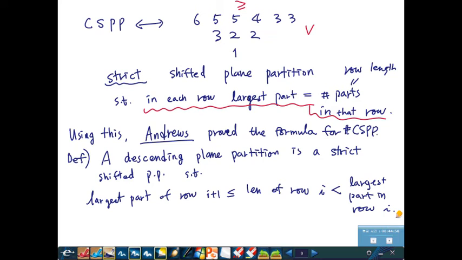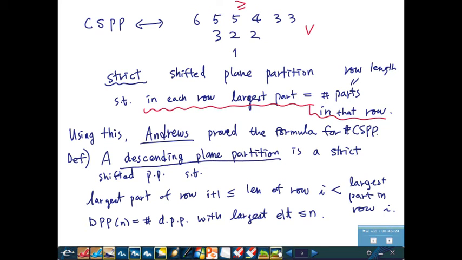Okay, quite a long condition. And DPP of n is the number of descending plane partitions with largest element less than or equal to n. So this is the definition of a descending plane partition.